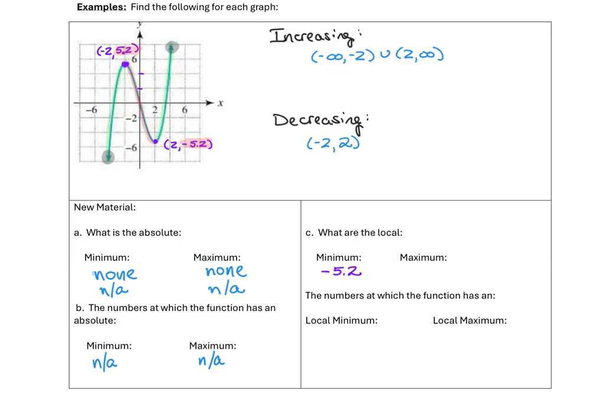That is our local minimum. And our local maximum is positive 5.2. And so this is what we are looking at there.